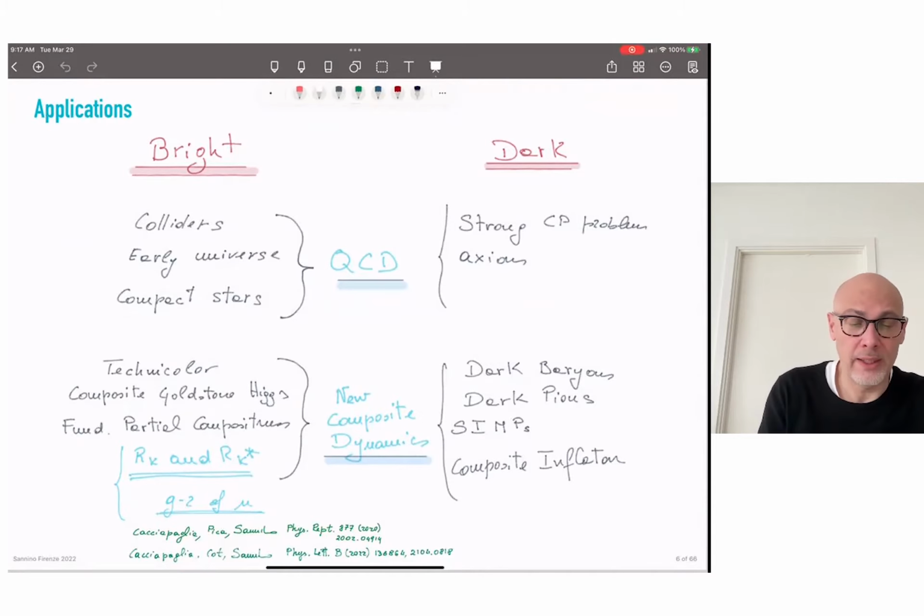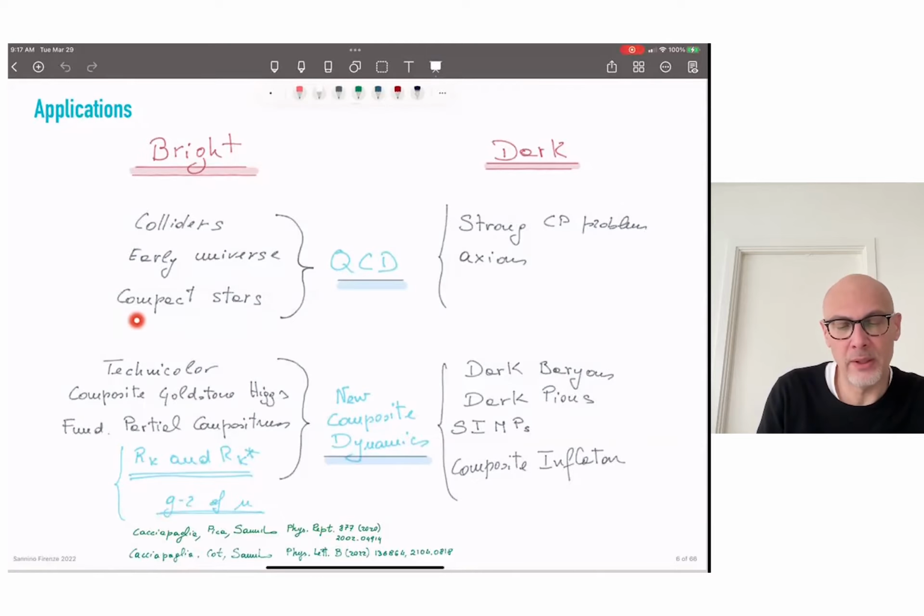And many of the limitations that come from the LHC come from QCD backgrounds, both in the hadronic final states, but also in the production mechanisms. Then you could understand better the physics of the early universe.